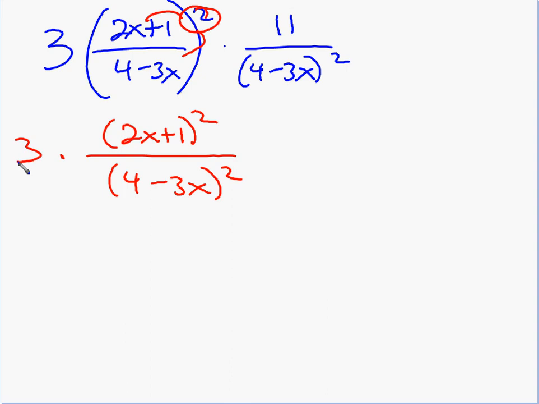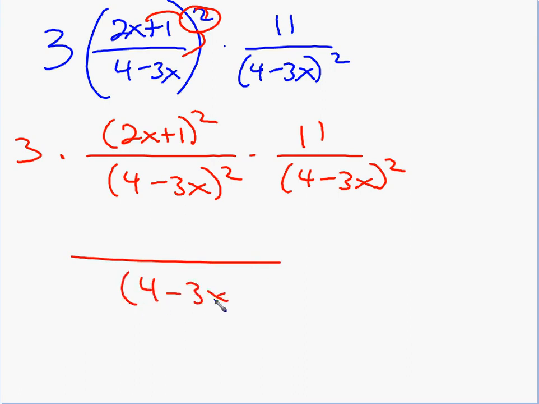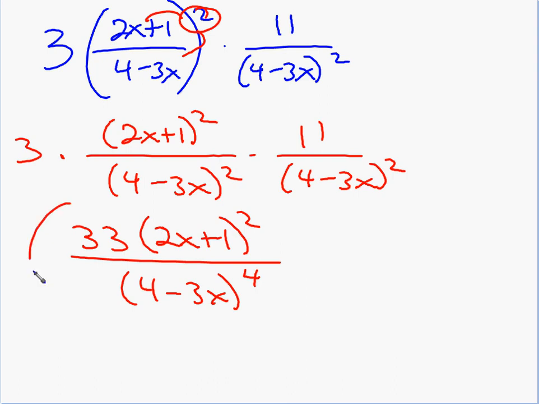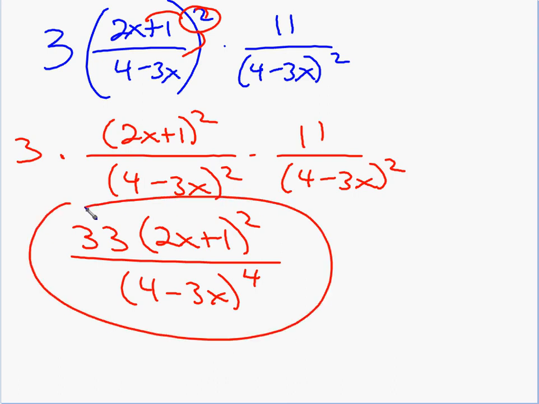I still have this times 3, and I still have this thing over here. And now maybe the light bulb will come on with that 4 minus 3x. Do you see that I basically have 4 minus 3x to the 4th on the bottom? And then I have, it looks like a 33 times 2x plus 1, the quantity squared. And that is about as clean as we can get that derivative. And we are going to stop there for today.